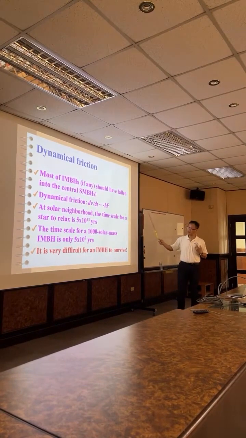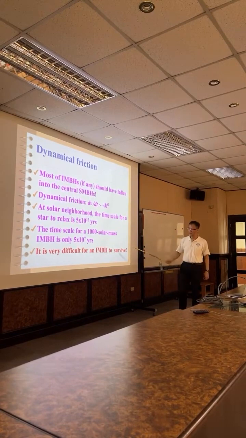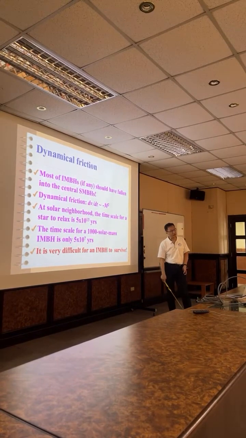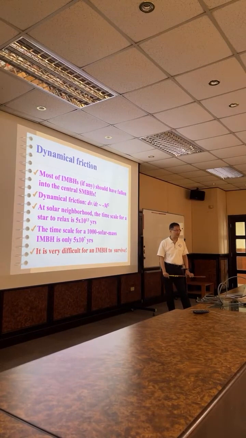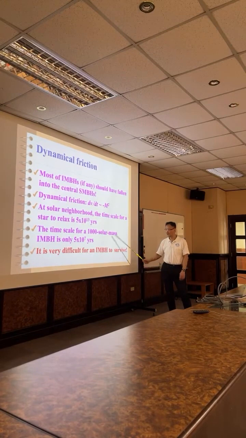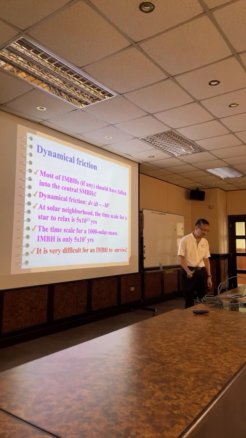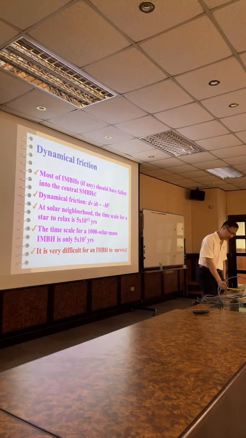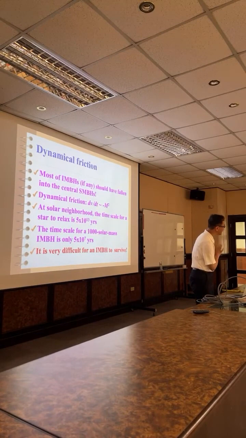And if you have much higher mass, the time scale will be much shorter. So that's why you cannot see intermediate mass black holes. It's very difficult to see them because they cannot survive very long in our galaxy.